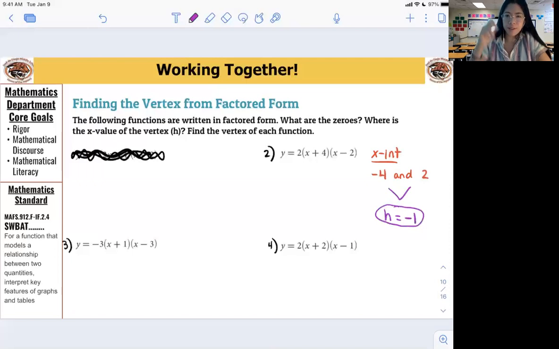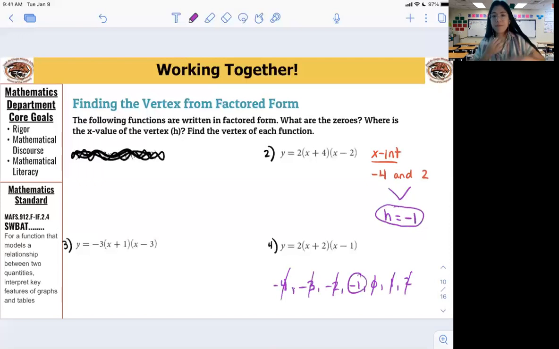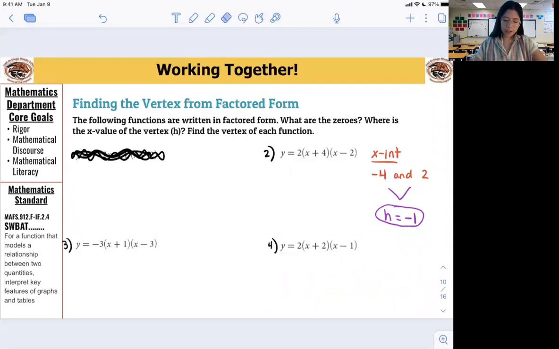If you list out the numbers, so -4, -3, -2, -1, 0, 1, 2, and you can figure out which one's in the middle, it's -1. So that's one pretty good strategy. It's a quick little strategy, just list all the numbers and then figure out what's right in between. All right, so we got h is -1.